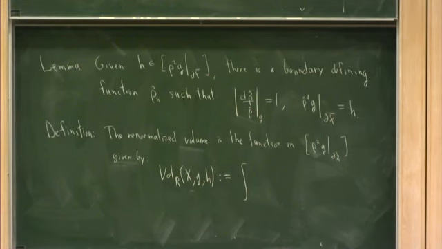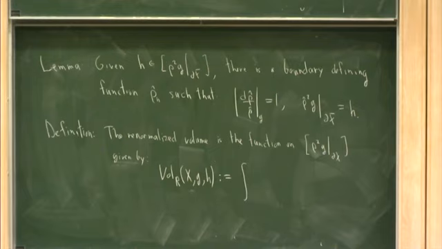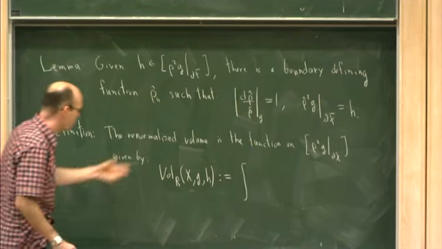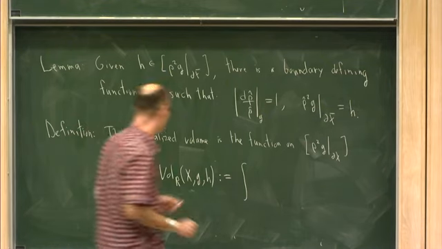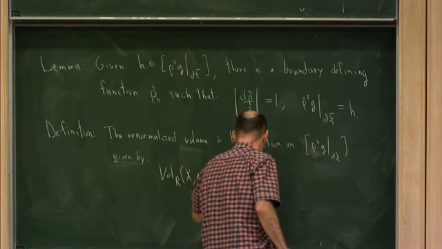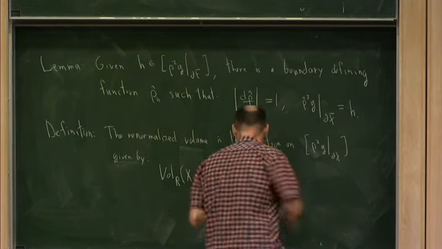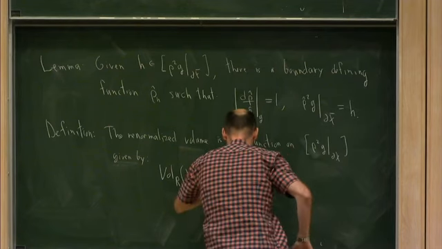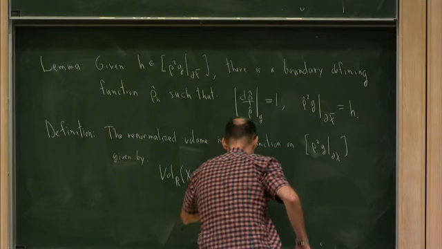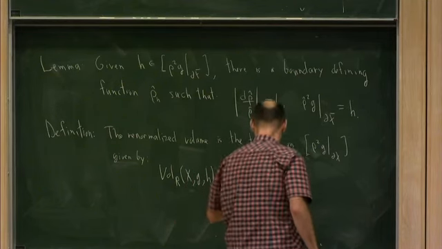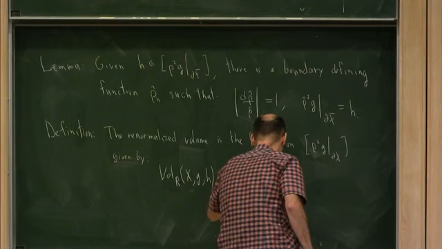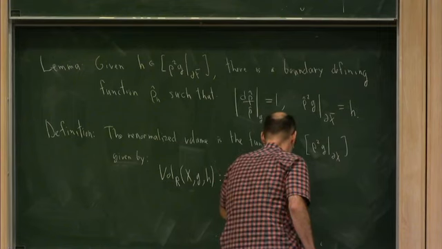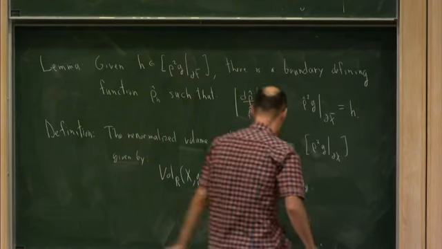So of course, the hyperbolic metric is complete and of infinite volume. So the usual volume is infinity. And the renormalized volume is a way to sort of get something finite out of the volume form. And what we do is we pick the finite part at z equal to 0 of the integral over x of this rho hat h to the z times the volume form of g.